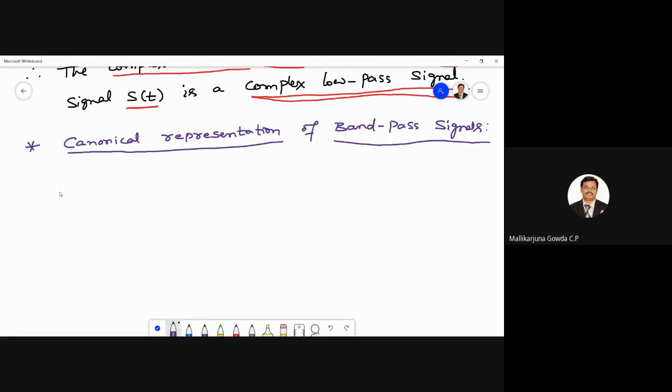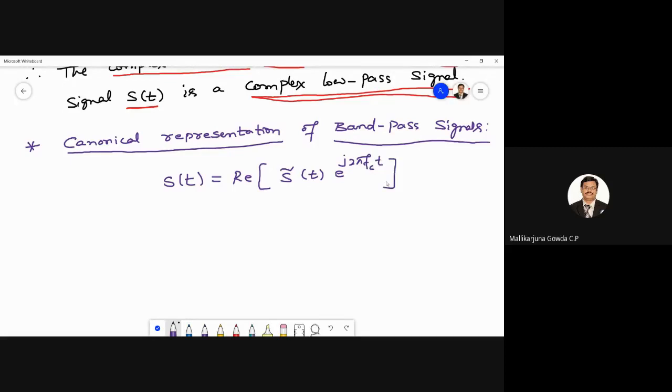So therefore, the bandpass signal is expressed in terms of its complex envelope, S tilde of t. I rewrite here whatever expression I have written there. So I can express S of t, that is the bandpass signal, as the real part of S tilde of t into e power j 2 pi fct.